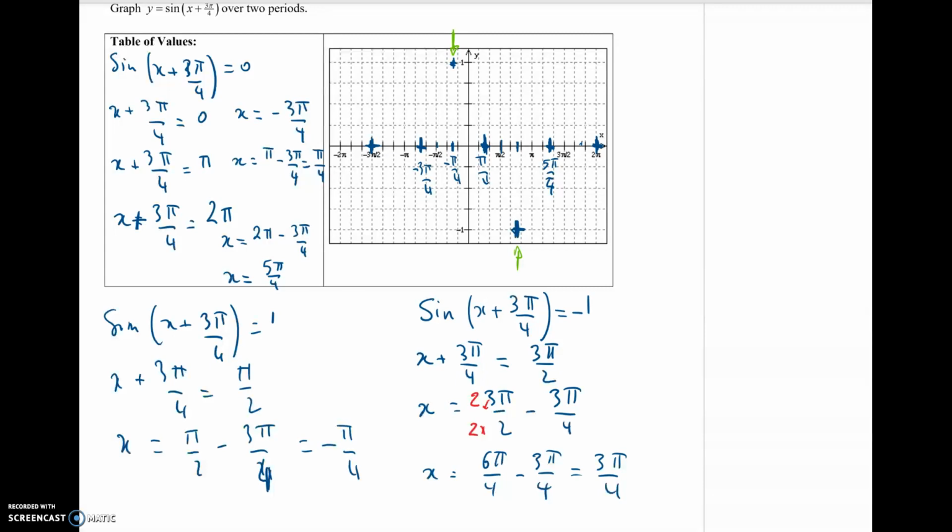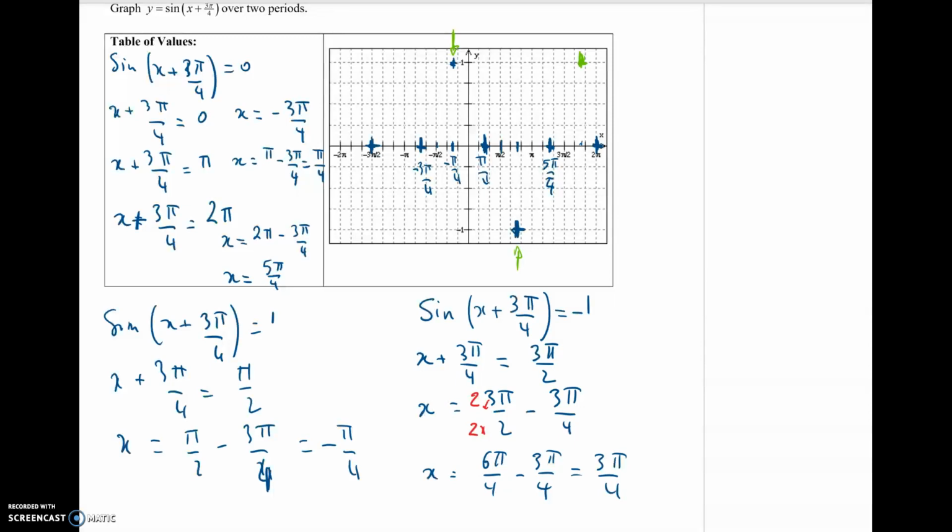So basically you will have 1 pi/4, 2 pi/4, 3 pi/4, 4 pi/4 to end up with another value when the sine will go from -1 to 1.